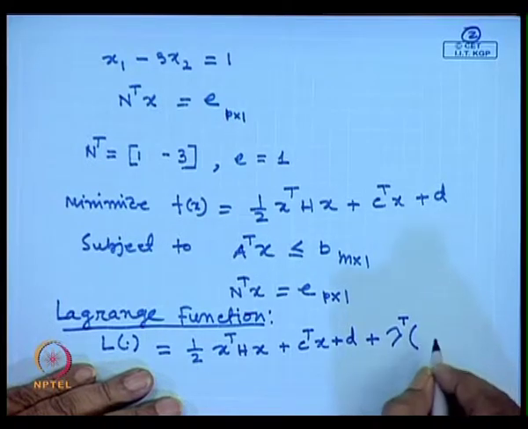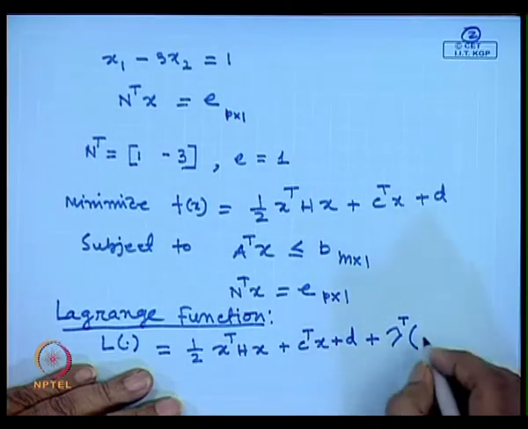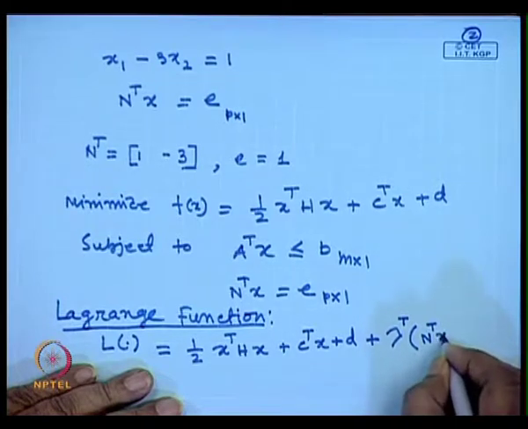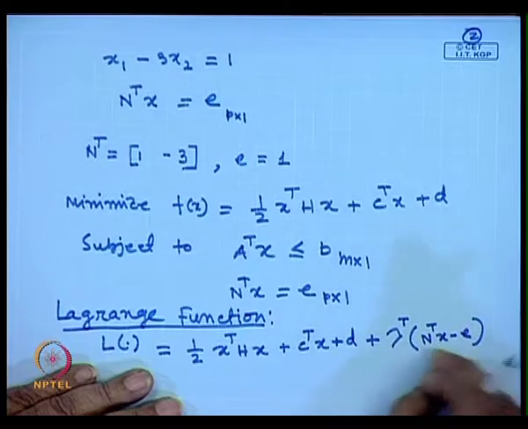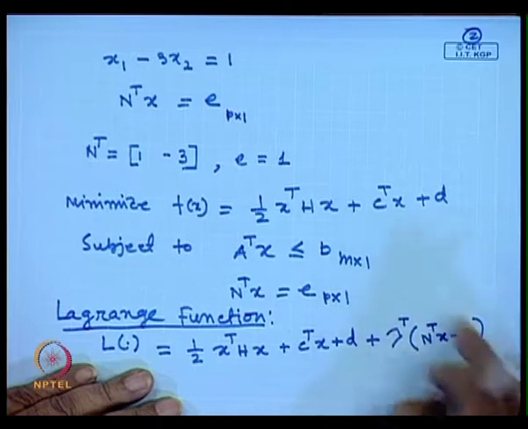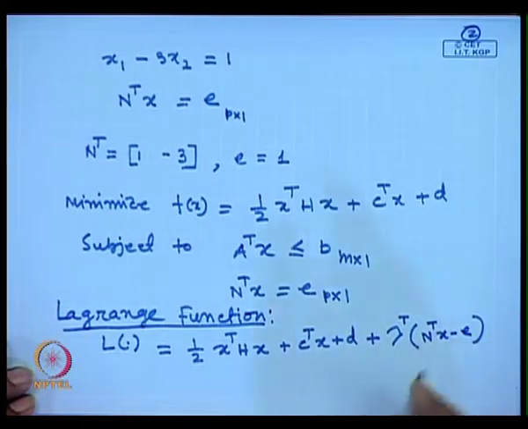I am just following what we discussed earlier, the KKT condition to find the optimum value of an objective function. So, our equality constraint is n transpose x minus e, and this quantity must be 0 at the optimal or feasible solution.